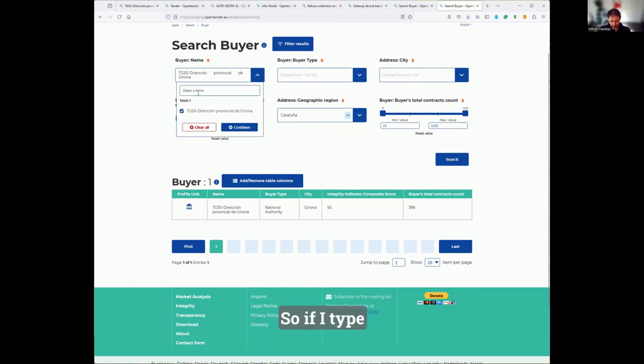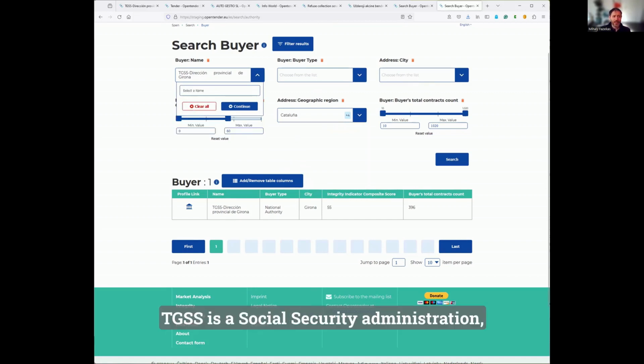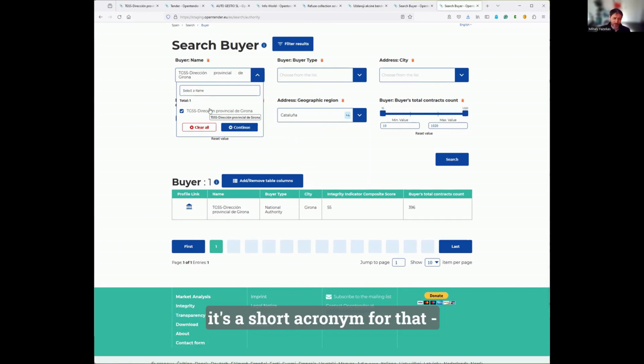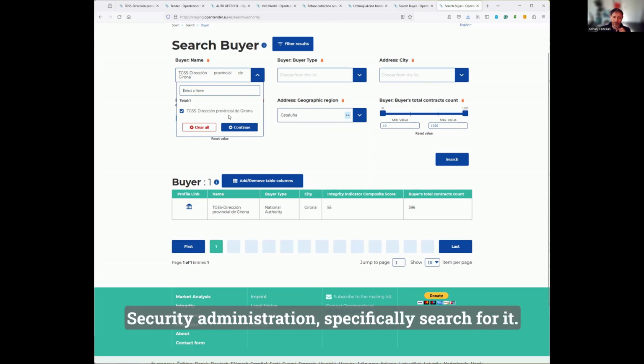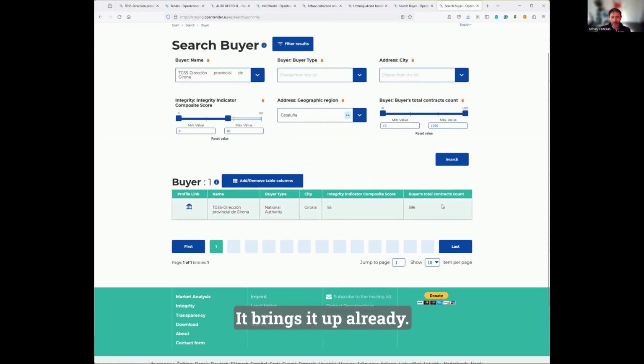So if I type TGSS, that is the Social Security Administration, a short acronym for that. And then I can select Girona Social Security Administration specifically, search for it, it brings it up already.